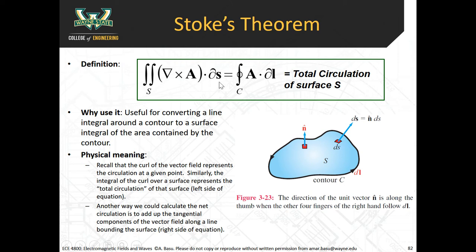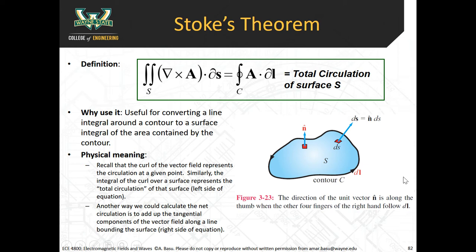Now, the other way you can find it is by integrating the curl. The curl, del cross A, is the tendency of A to rotate at any point in the space. If we integrate del cross A over this entire surface, we're adding up the curl at every single point in this space.